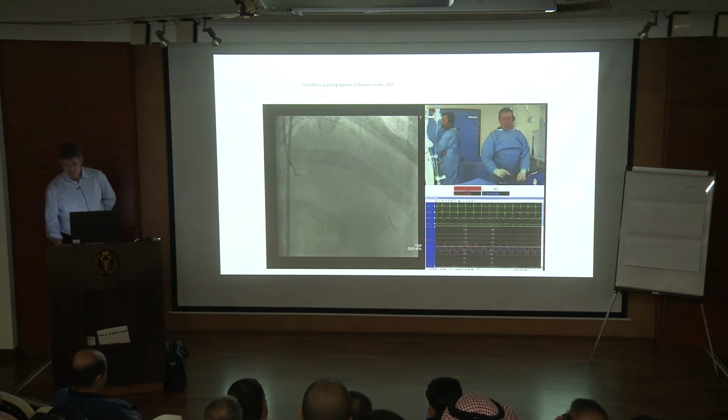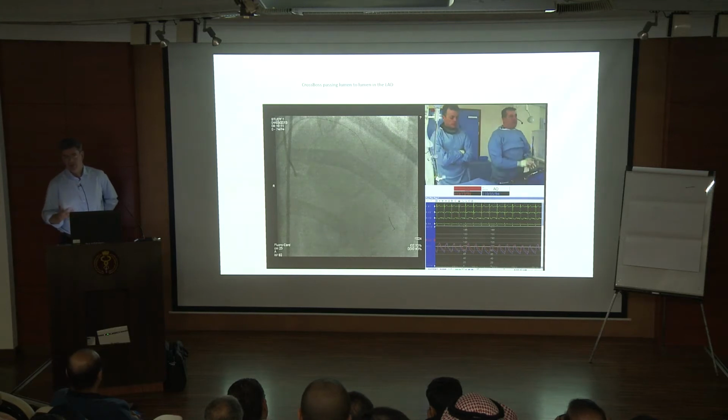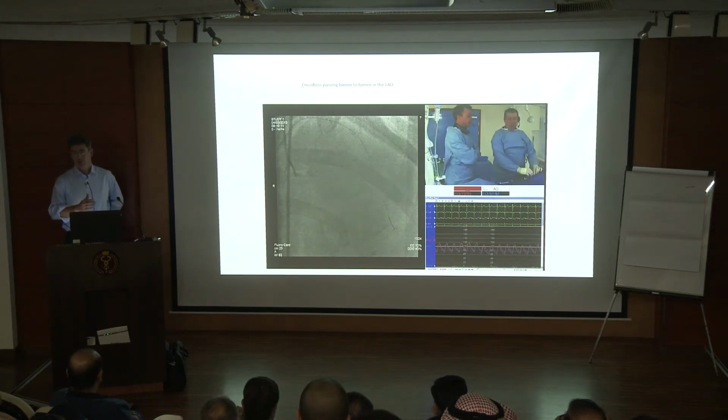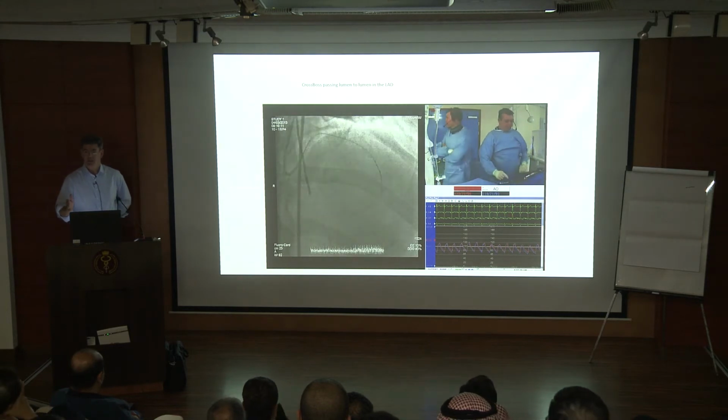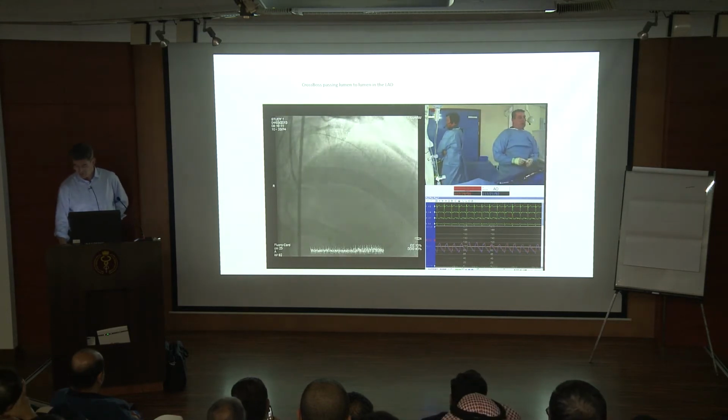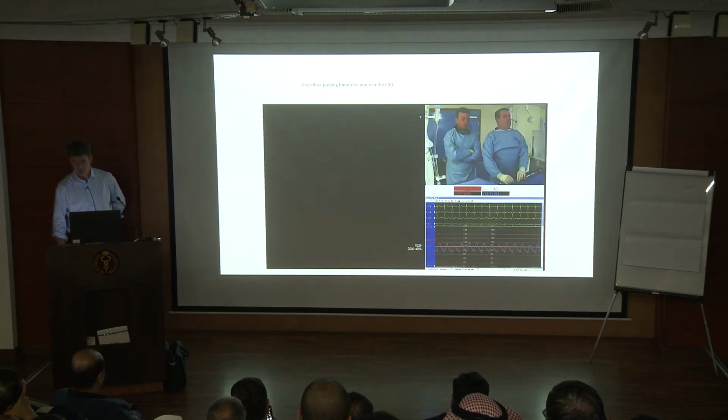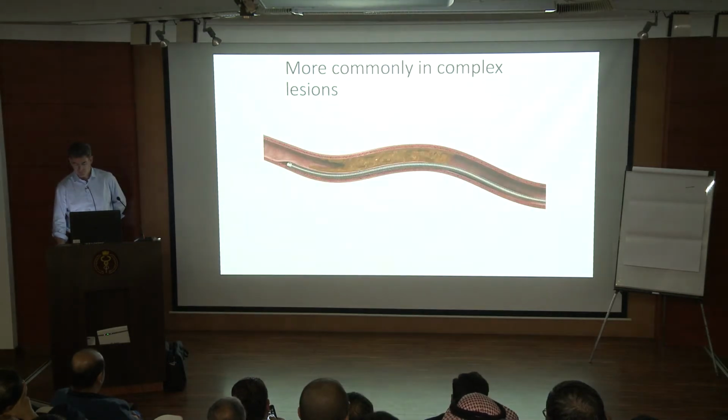And it may well be that with the shorter lesions you don't need that, but if you've got a lesion with a good tapered cap, a good target in the LAD, then a primary ADR strategy can be a highly efficient way of revascularization. But more commonly what happens is this blunt dissection tool, the crossboss catheter, will enter into the subintimal space.